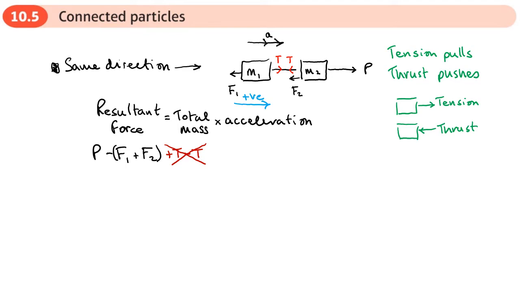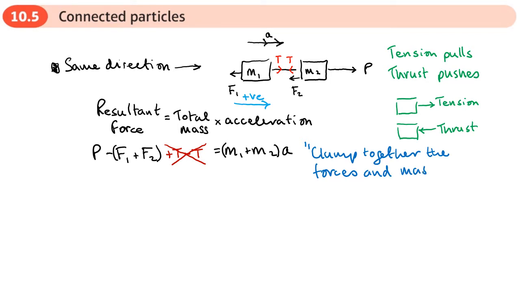So it's just the total pulling force, which is P, minus the resistive forces F1 and F2, and that will equal the total mass, so M1 plus M2, times the acceleration A. Since they're moving in the same direction, we can just clump together, and that's my wording, clump together the forces and masses to find the acceleration. Just clump it all together as one. They're moving in the same direction.